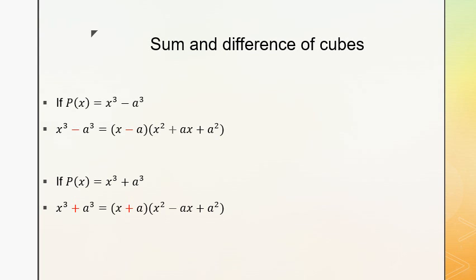Okay, we've done this already. And then for the sum, you can think about this as x cubed minus a cubed, and then do the substitution into this formula and you'll get this.